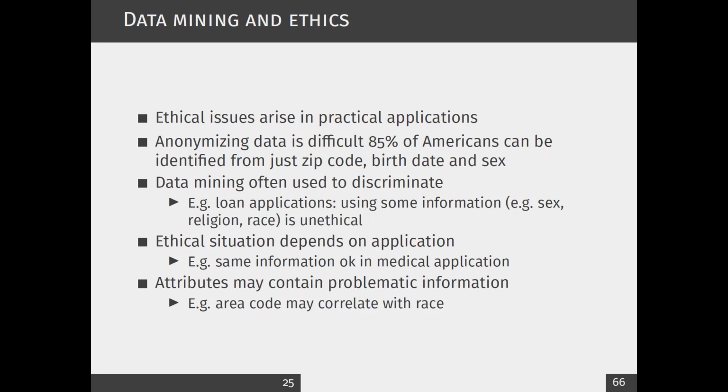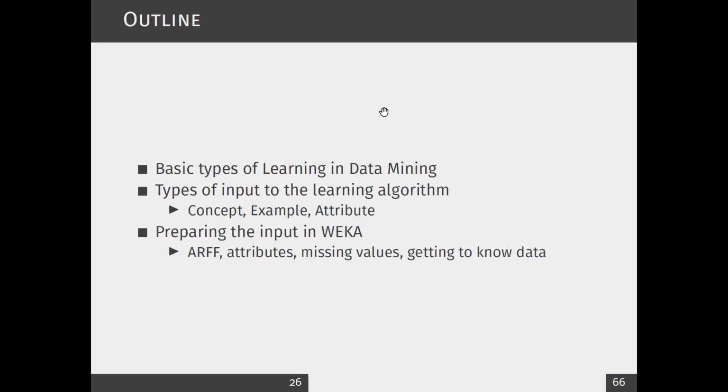So this software is okay for a medical problem. And then there are some other problems as well. For example, area code may correlate with race. Right. So that is the introduction that I actually prepared for you.